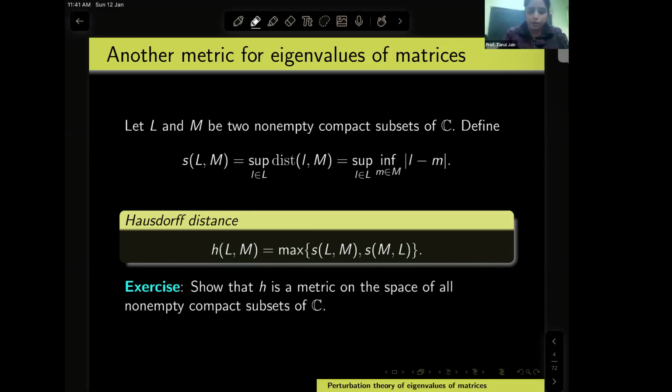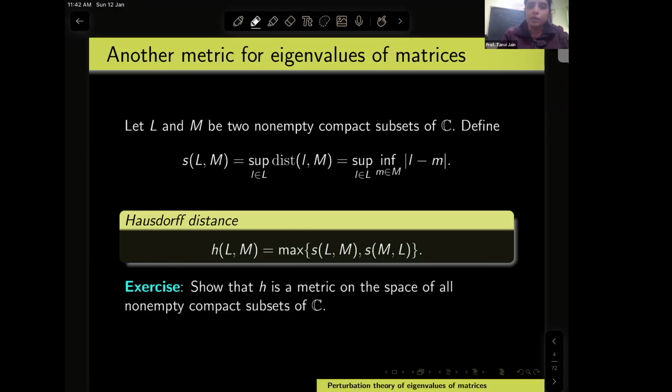Sorry. So in the optimal matching distance, we took care of the problem of ordering. But we were still insisting on taking care of multiplicities. That's why we were taking unordered tuples, or multisets. We had a one-to-one correspondence between the eigenvalues, taking multiplicities into account. But now we just ignore that also.